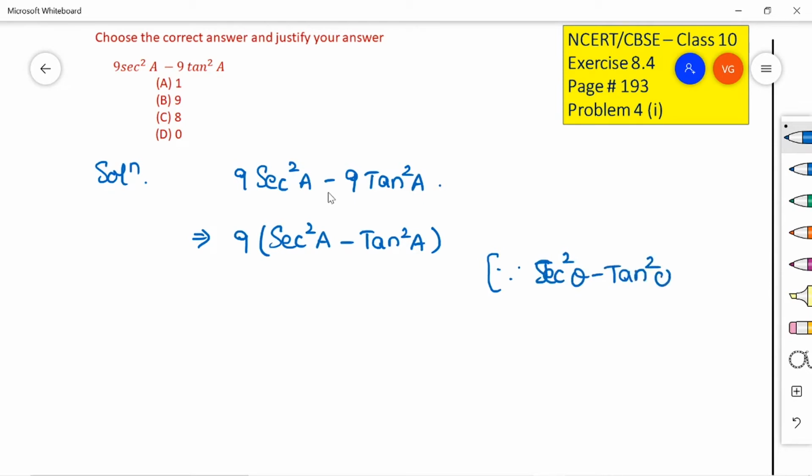As secant square theta minus tan square theta is equal to 1, I can write it here as 1. So the answer is 9. So option B is correct here, right? So every time we need to mention the formula here, secant square theta minus tan square theta is equal to 1. So option B is correct for this.